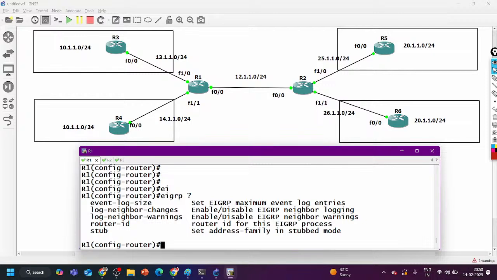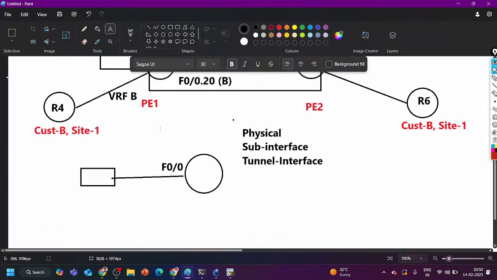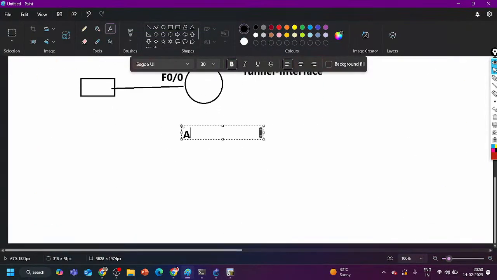Okay. So guys, how many of you know about the address family? What is address family? Sir, I have seen the configurations. Anyone have idea?